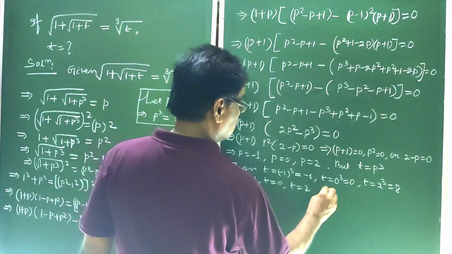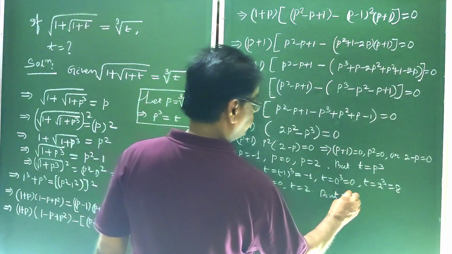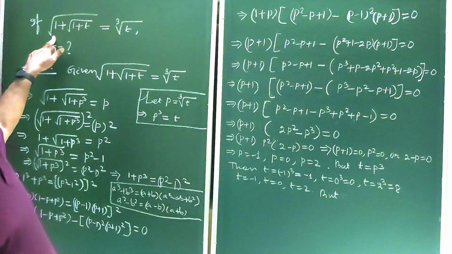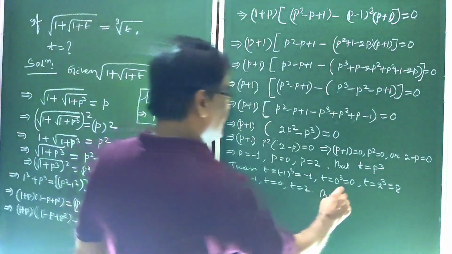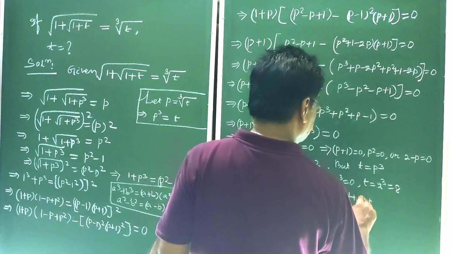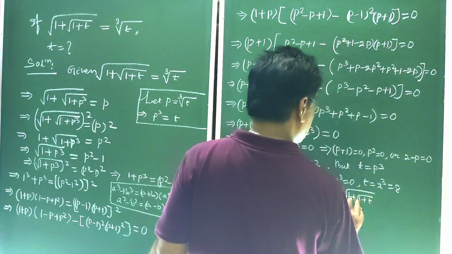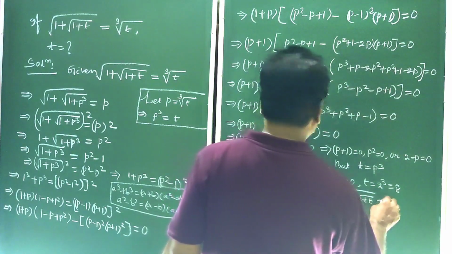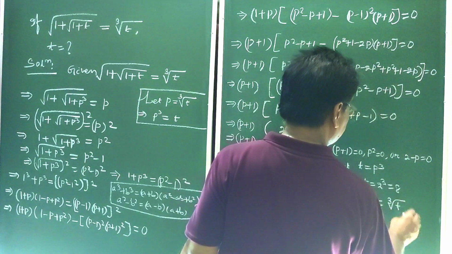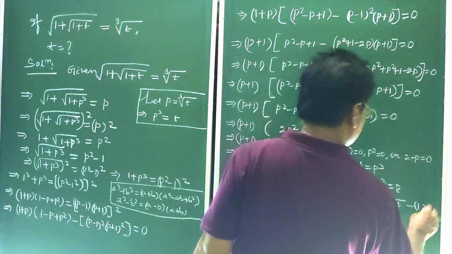But we have the original equation √(1 + √(1 + t)) is equal to the cube root of t. Suppose this is equation 1.